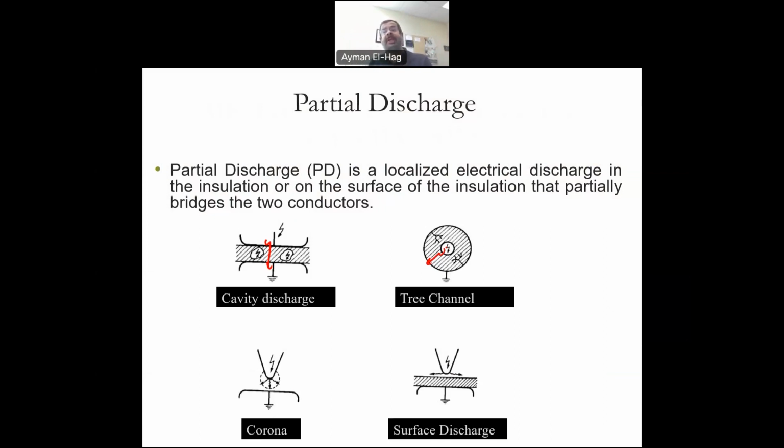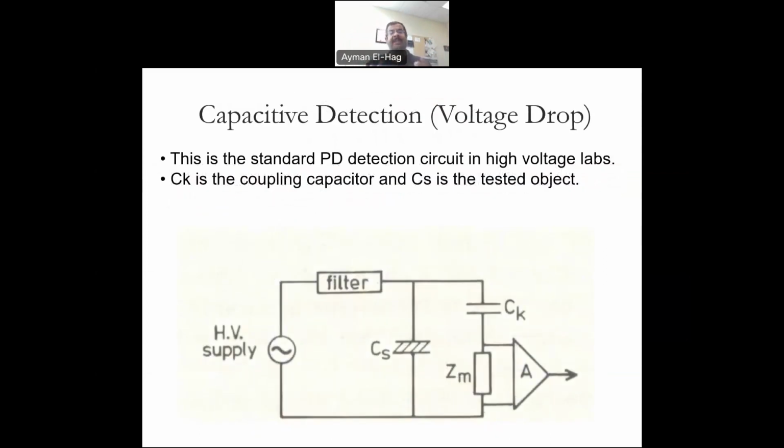As I mentioned earlier, this presentation is only about the measurement system of partial discharge at the factory. Now, this test for some equipment is a routine test. For some others, it is a special test.